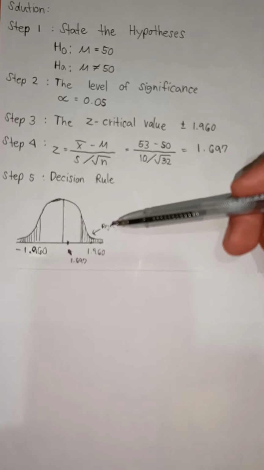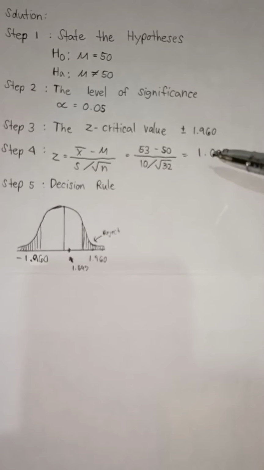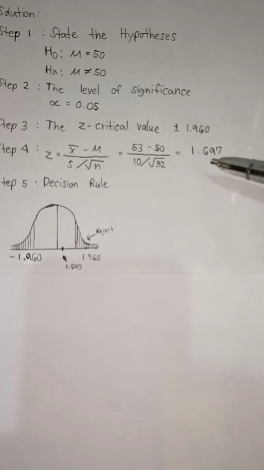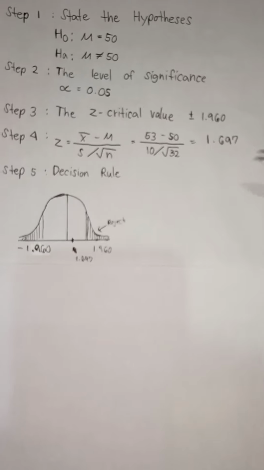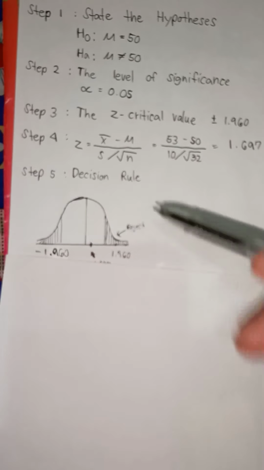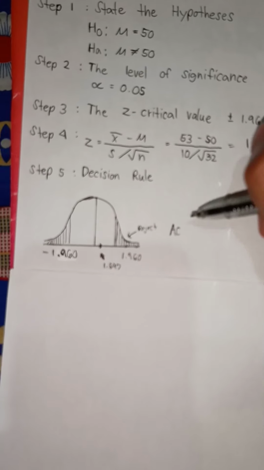This is the rejection side, and since our z value is 1.697, it is not in this side, we should accept the null hypothesis.